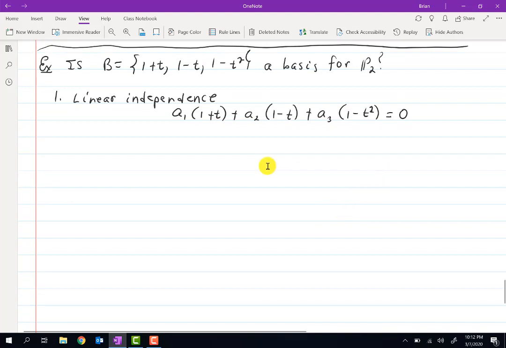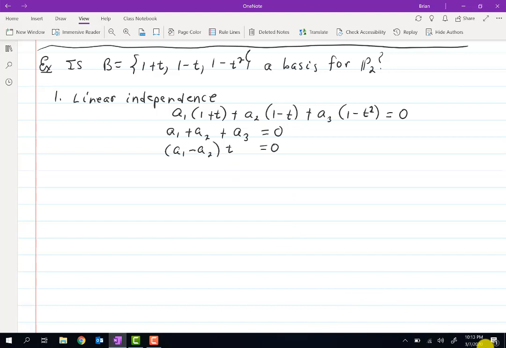Well, let me distribute these through and then collect like terms. So I'll have an a1 plus a2 plus a3. That's the constant part. That will have to equal 0. Then the stuff that's attached to t, I have an a1 times t and an a2 times negative t. So that'll be a1 minus a2 times t will equal 0.